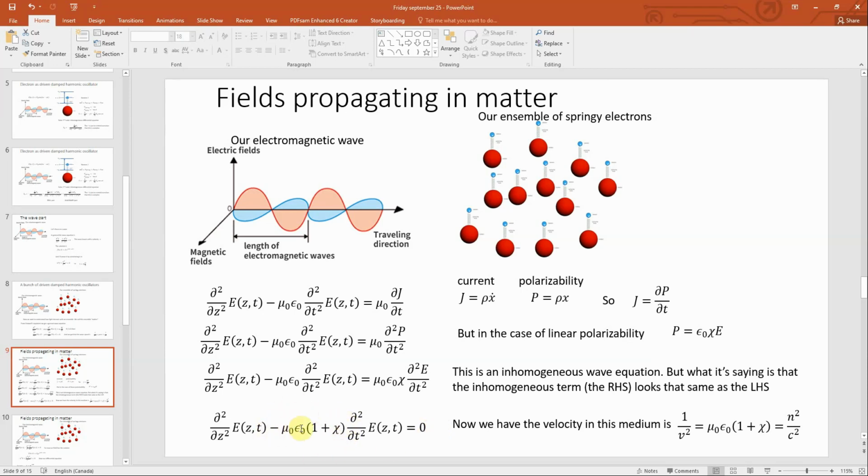Instead of mu naught epsilon naught being 1 over c squared, we get mu naught epsilon naught times 1 plus chi, and we're going to call this n squared over c squared. So n squared over c squared is equal to 1 over v squared, or the velocity in our medium is c divided by n. And you're probably familiar with that because you've seen it before with Snell's law.